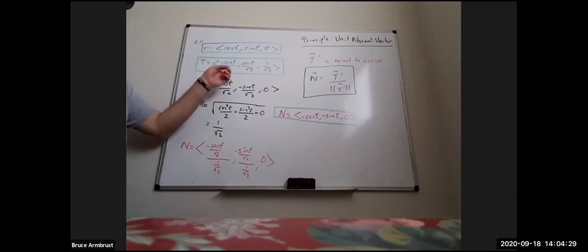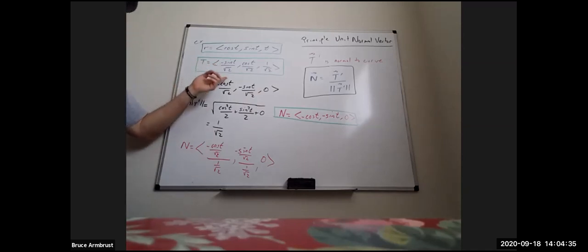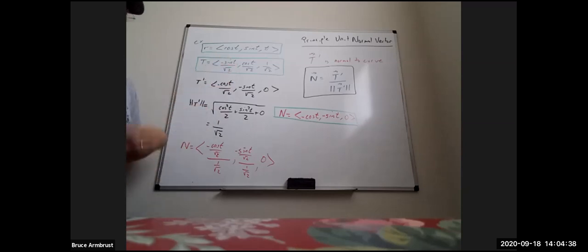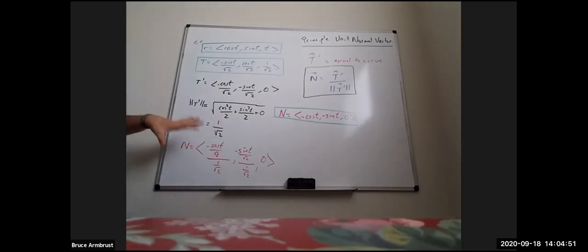If it's not constant, that means these denominators have t's. And now when we differentiate, it's going to require product rule, and not only that, but you're going to have square roots of stuff. So it gets a lot more complicated. Let me show you an example real quick.